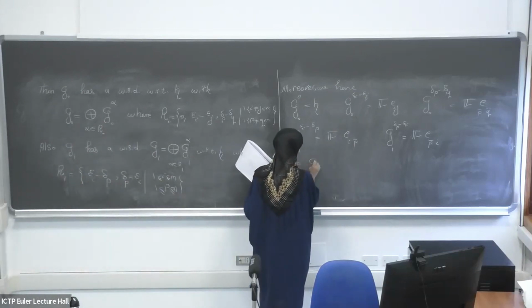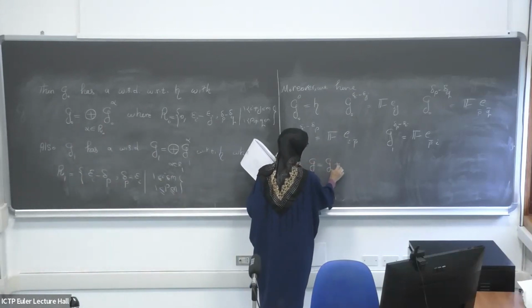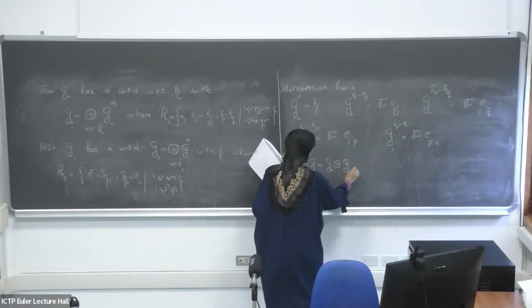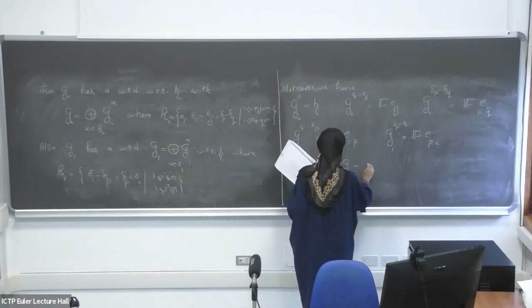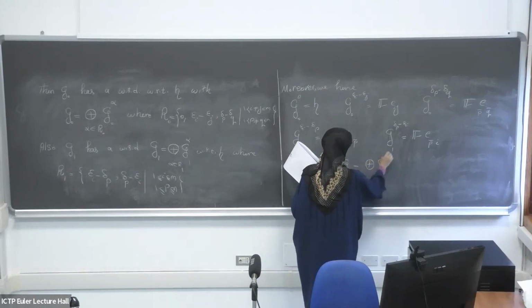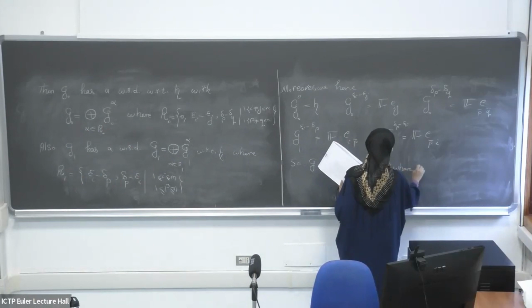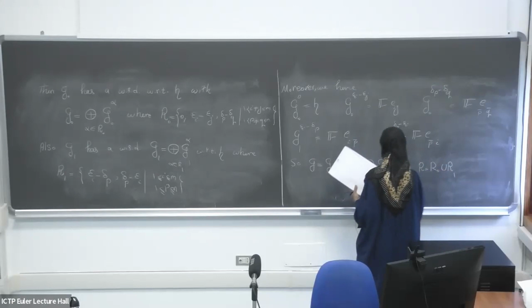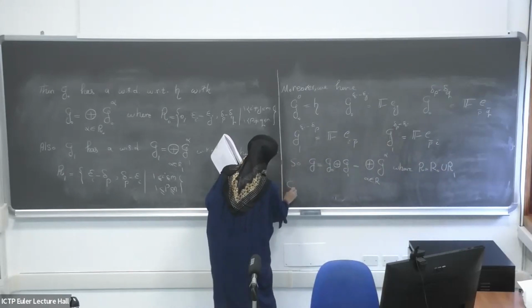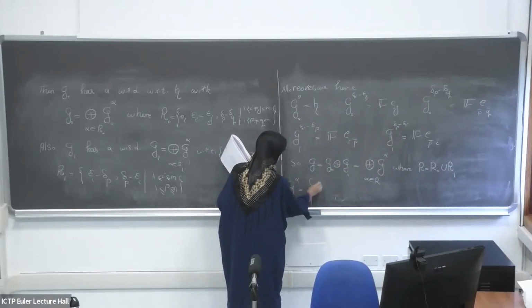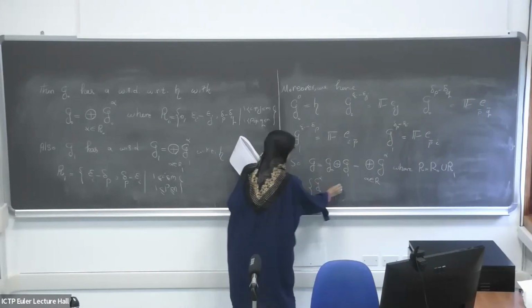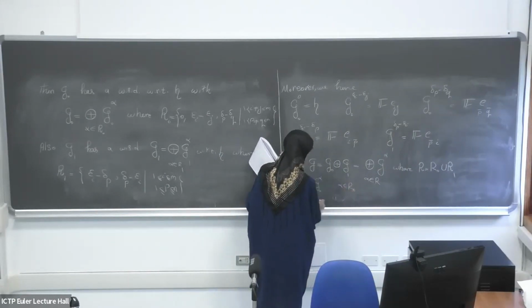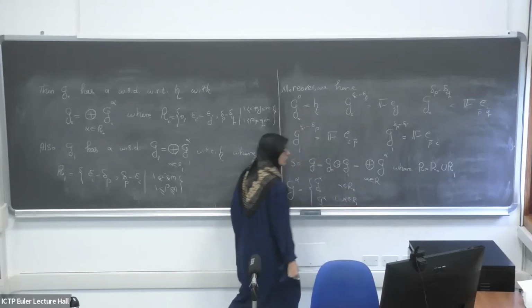So G equals G0 direct sum G1 equals the direct sum of G alpha, where R is R0 union R1, and G alpha is G0 alpha if alpha is an element of R0, and it is G1 alpha if alpha is an element of R1.